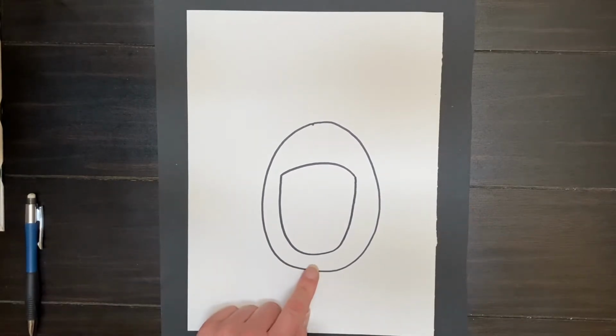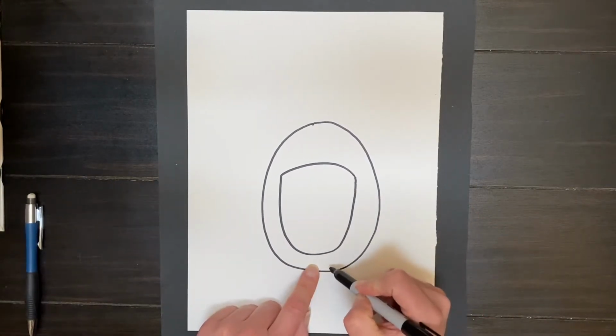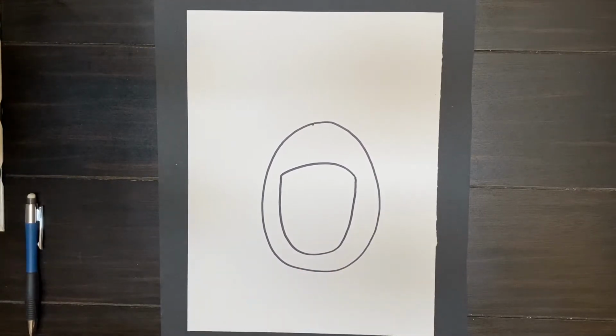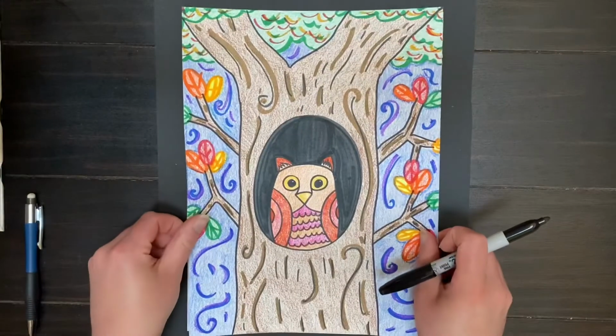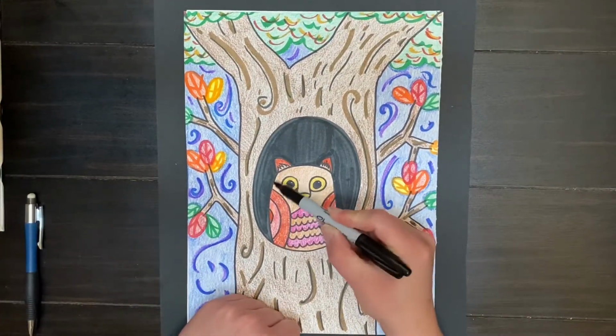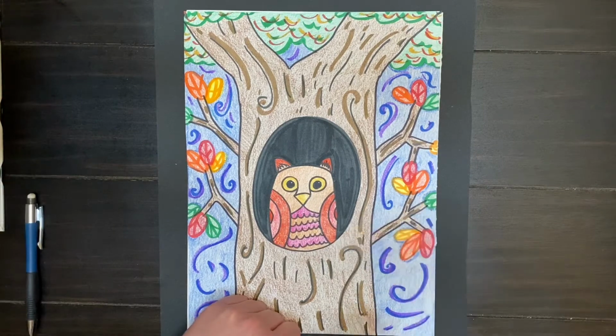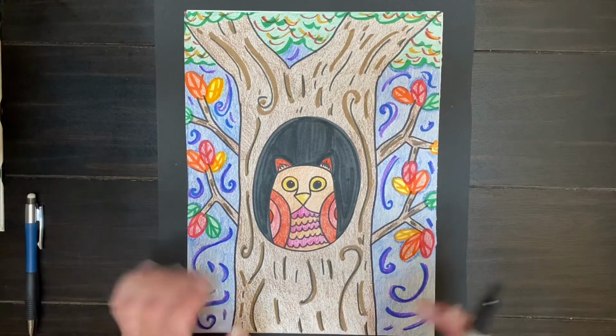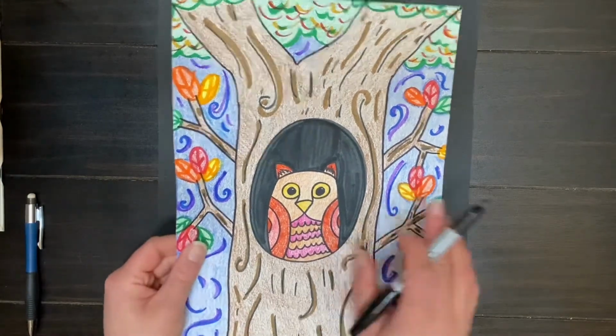Now I left some space and didn't go all the way to the bottom because I'm going to show the feet or the claws of the owl in this example, but the one that I had made before, instead of showing the feet, I decided to make the line touch the bottom of the oval, so it looks like he was more inside of the tree. If you would like to do that and not show his feet, that's perfectly fine. I'm just going to show you both ways.